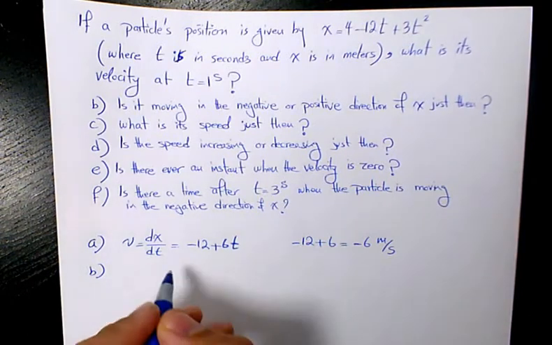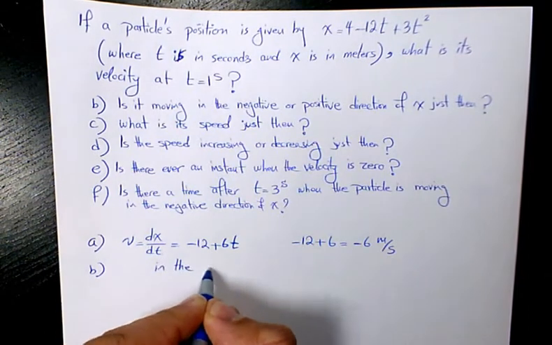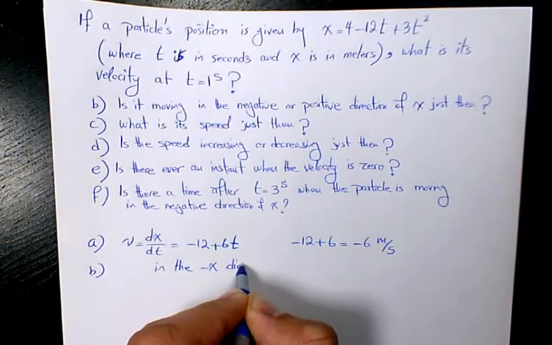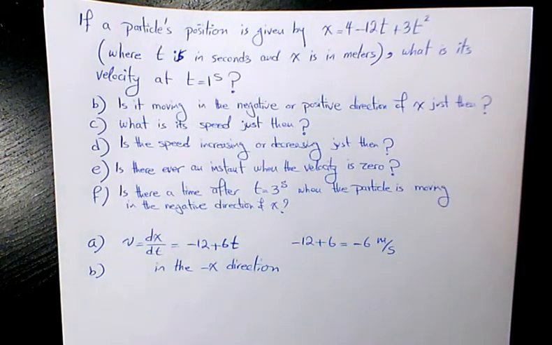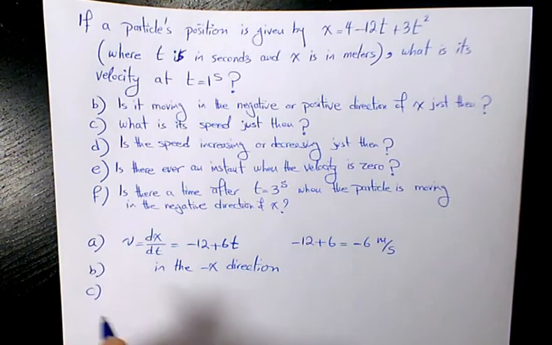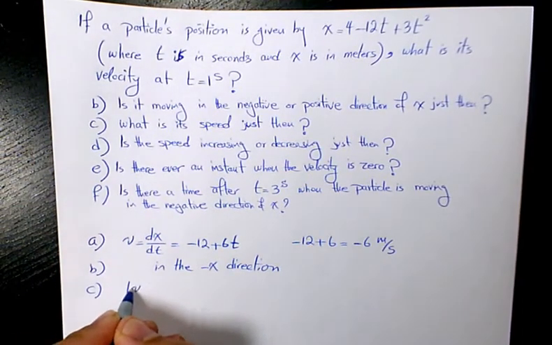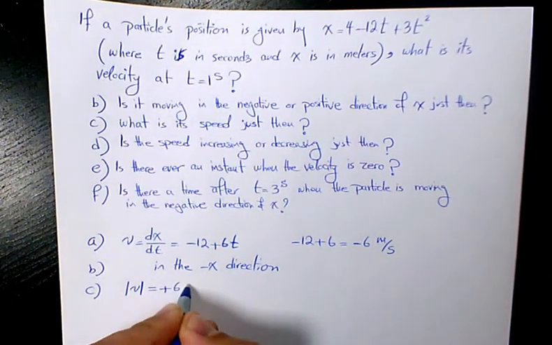Part C says, what is its speed just then? For speed, the sign is not important, so it's going to be the absolute value of velocity. Since it was negative 6, it has to be plus 6 meters per second.